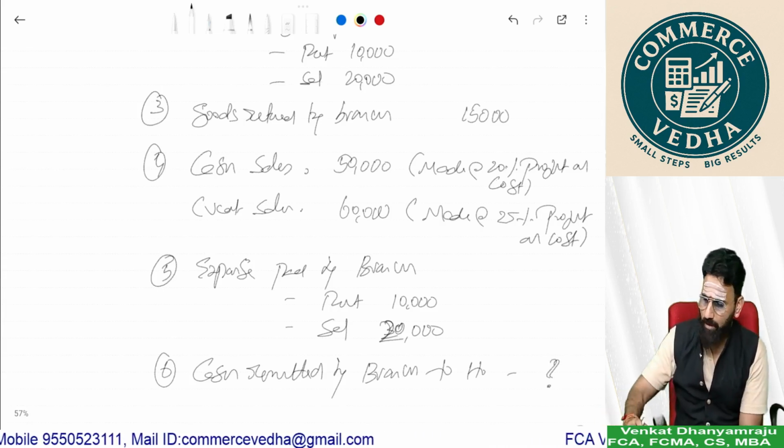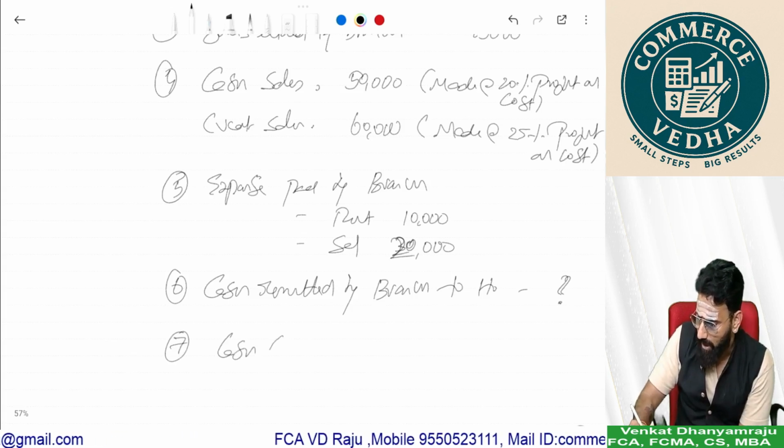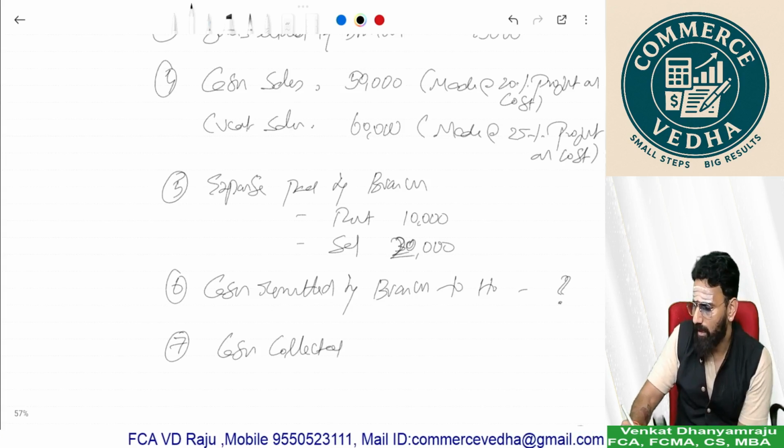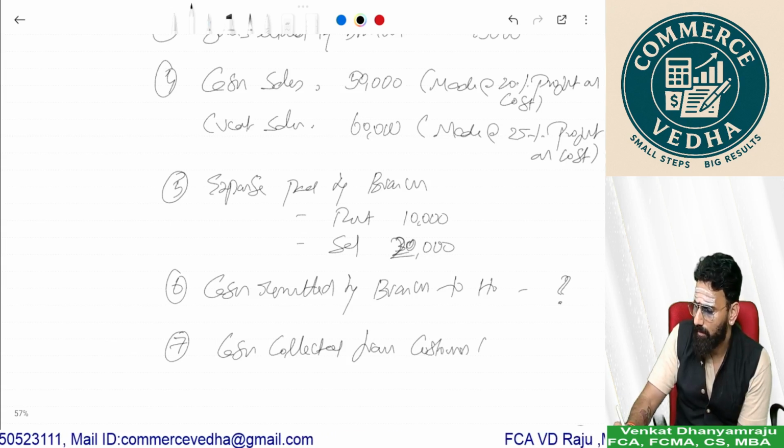We need to identify. And 7, cash collected from customers by branch.